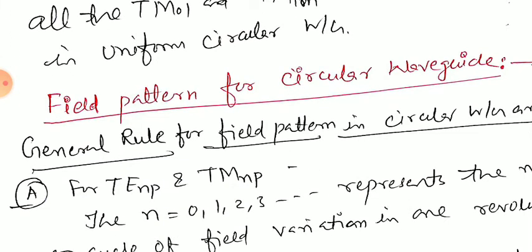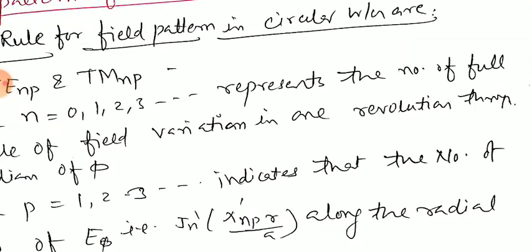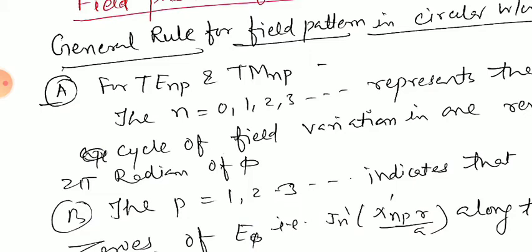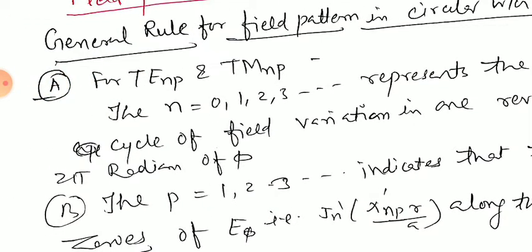Now, what are the field patterns of the electric and magnetic field in circular waveguides? The general rule for the field patterns in a circular waveguide is this: for TEnp and TMnp, n represents 0, 1, 2, 3, 4, 5 and so on, the number of full cycles of the field variations in one revolution through 2 pi radians or 360 degrees. Meaning, we see how much it changes for a complete rotation.